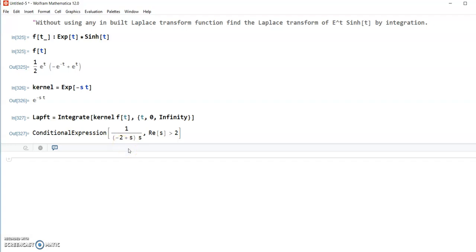So we can even verify it by simple hand calculations as well. So this is a way where we can just by integration find the Laplace transform.